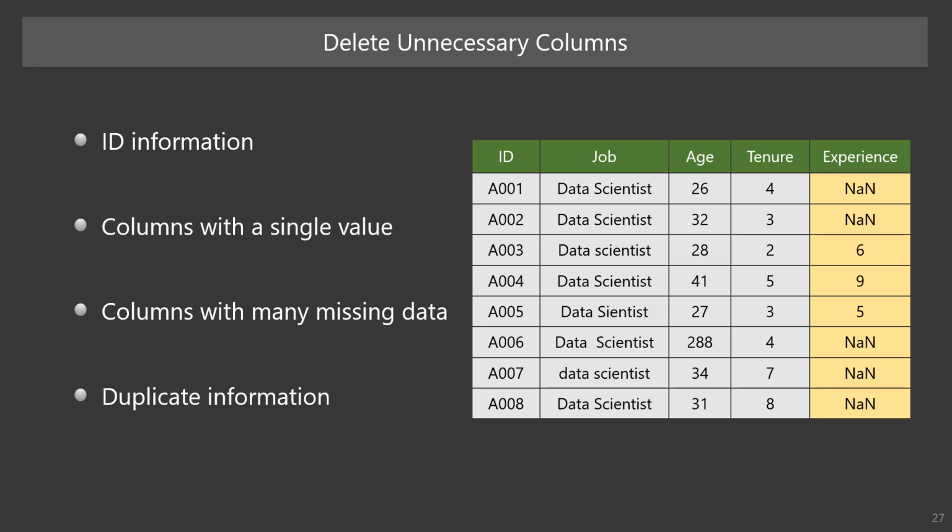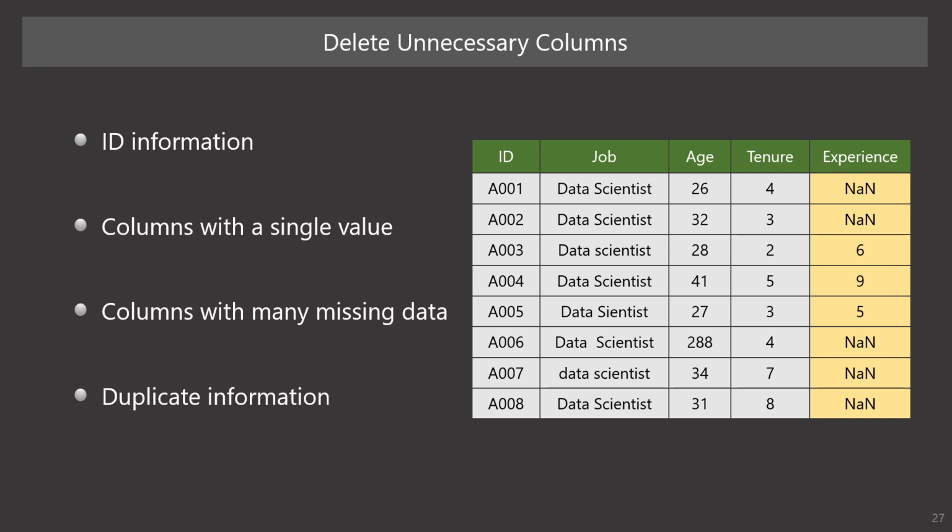Thirdly, columns with many missing values should sometimes be deleted because they provide us with little information. Besides, columns with many missing values are sometimes unreliable because they are missing due to the fact that obtaining accurate information about the data is very hard.